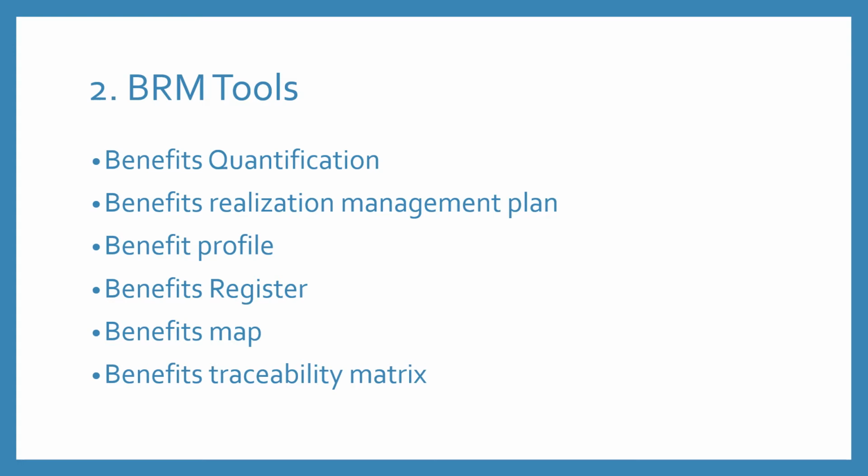The second topic of supporting practices is BRM tools. Today we're going to discuss the tools that can be used as part of BRM. There are six tools PMI recommends: benefits quantification, benefit realization management plan, benefit profile, benefit register, benefits map, and benefits traceability matrix.